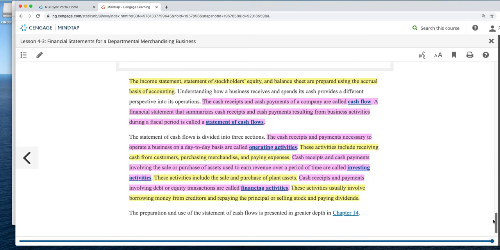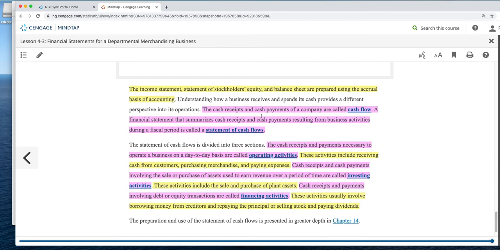Okay, so there are some terms here that we could have gone over before, I guess. Cash receipts and cash payments of a company are called our cash flow. We want to summarize everything that happened throughout the business activities, these cash receipts and cash payments, in the cash flow statement. We have operating activities, investing activities, and financing activities. Operating activities are just cash receipts and payments necessary for day-to-day operations.